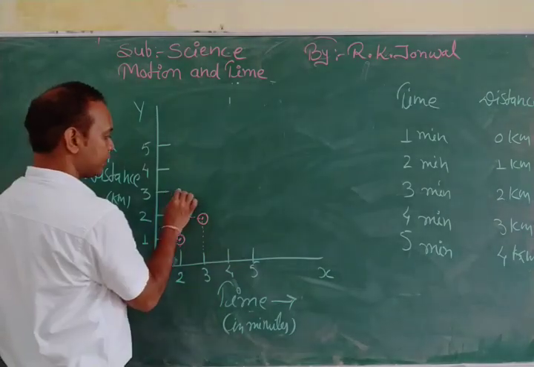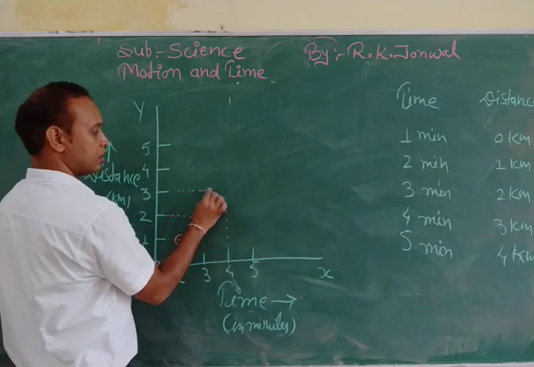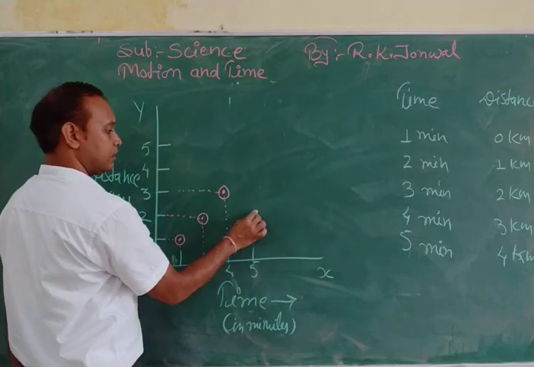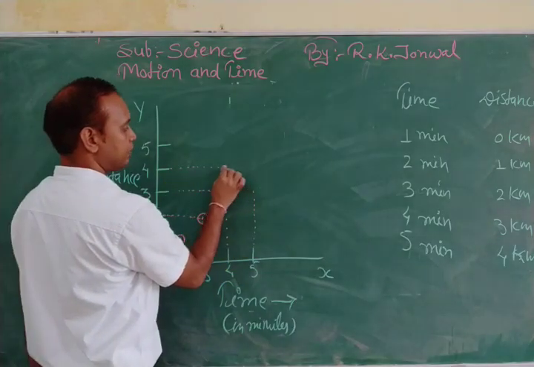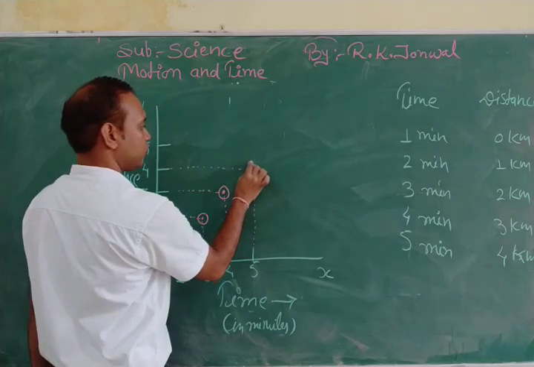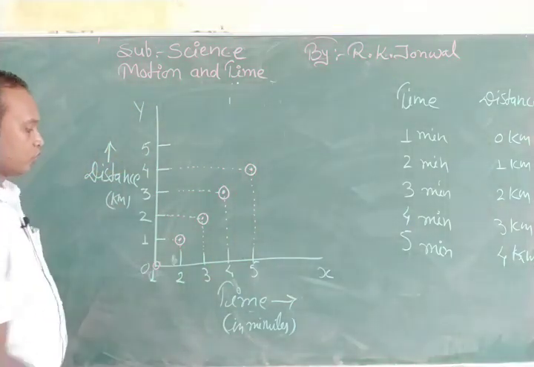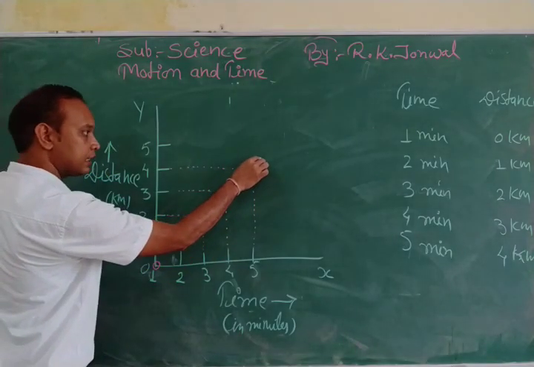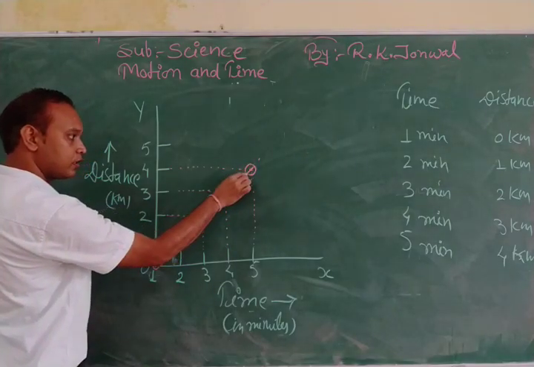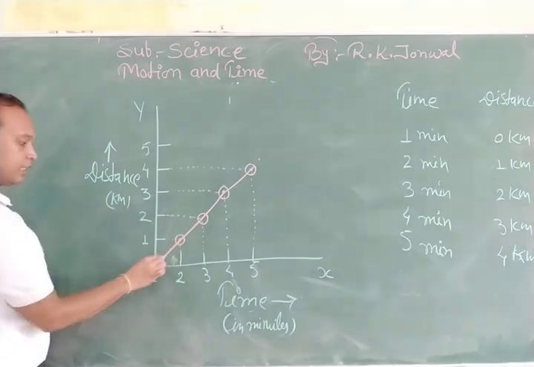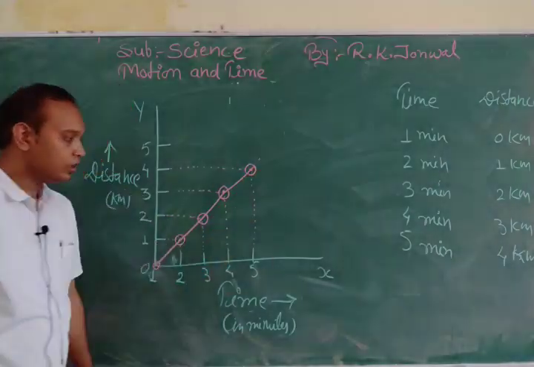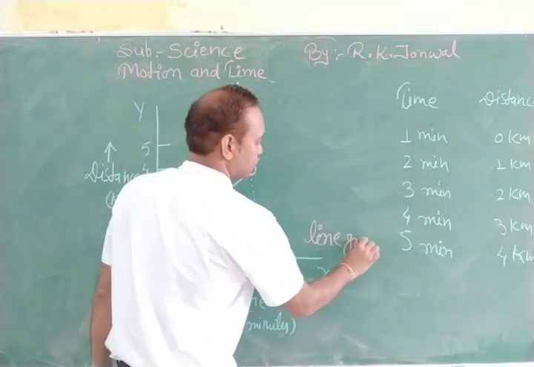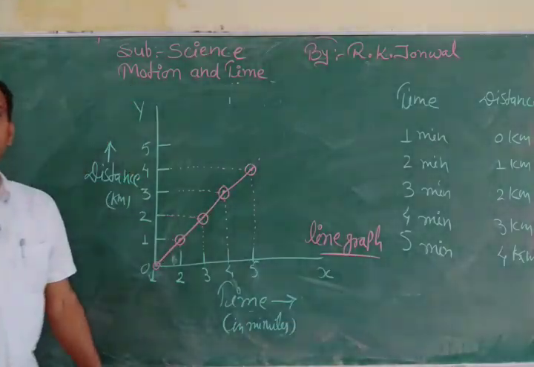So on, after 4 minutes, the distance covered by the object is 3 kilometer, and the distance covered by the object at 5 minutes is 4 kilometer. If we draw a single line with the help of these dots, we find that there is a straight line. So we can say it is a line graph. That is a line graph.